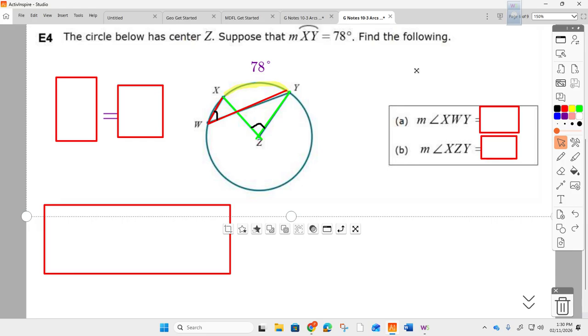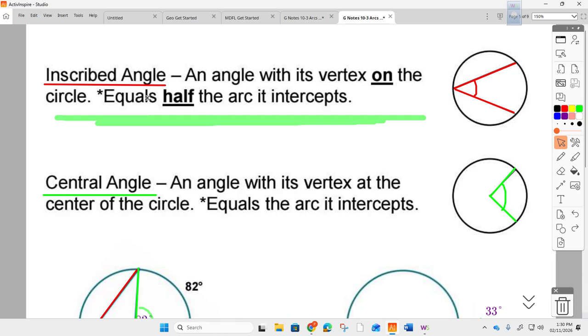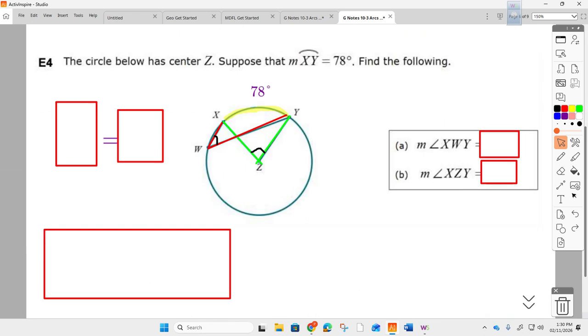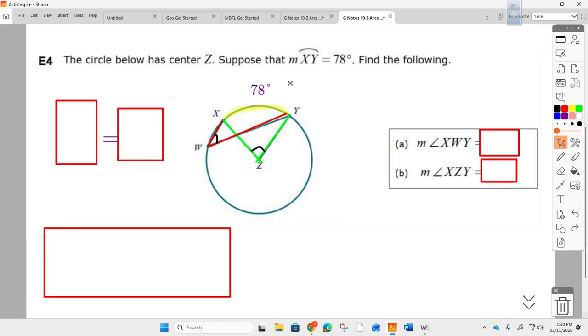Yes, so if it's on the circle, what is it? Inscribed or central? Inscribed, which means it equals half the arc it intercepts, right? So if this arc is 78, what's the measure of the inscribed angle? Yes, 78 divided by 2, which is 39.